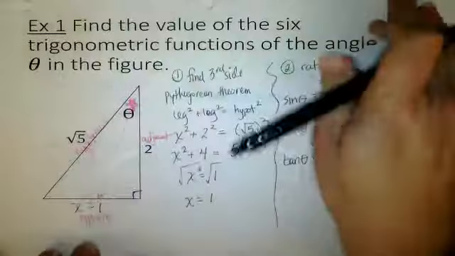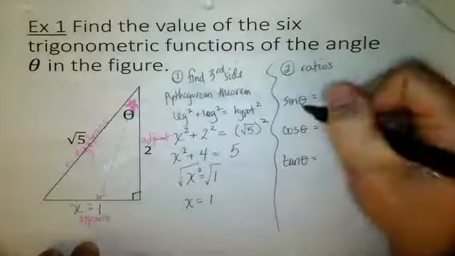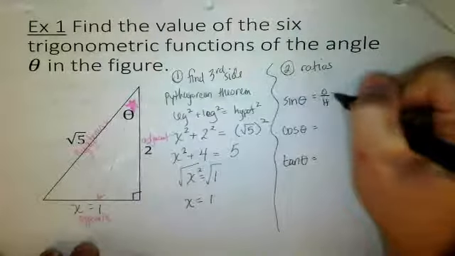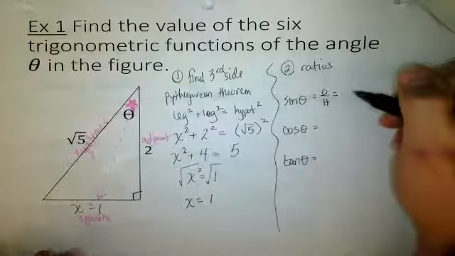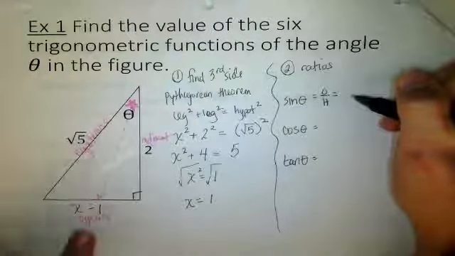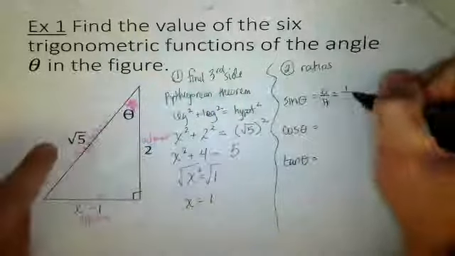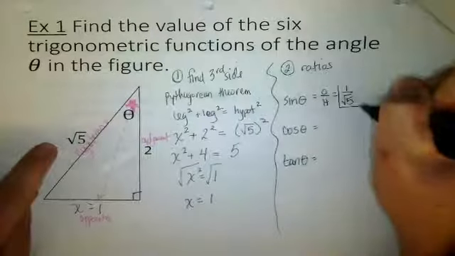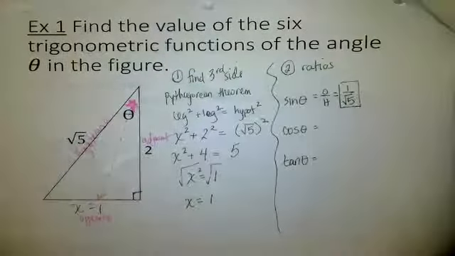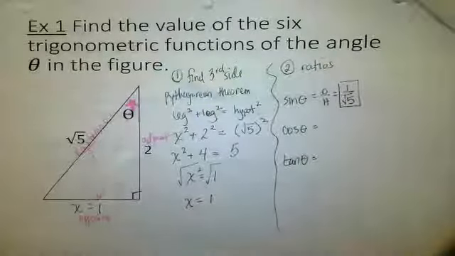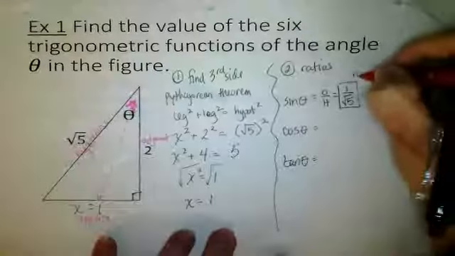Sine is opposite over hypotenuse, which would be 1 over radical 5. This is a great answer, except there's a radical in the denominator and we have to rationalize.